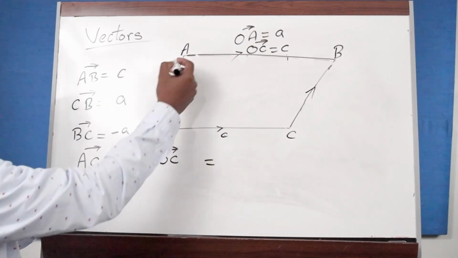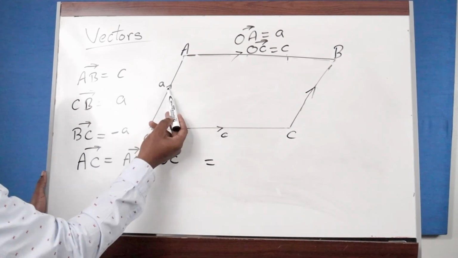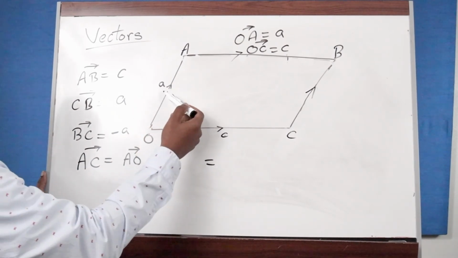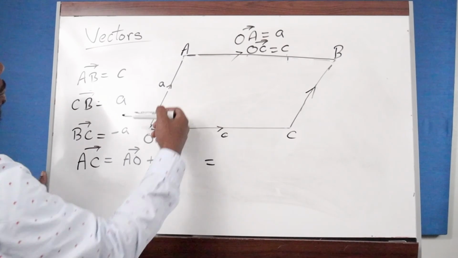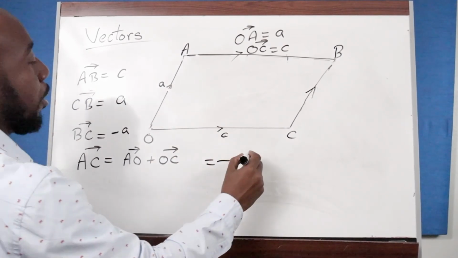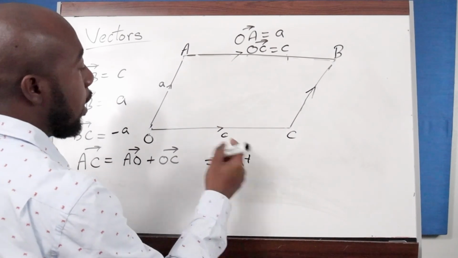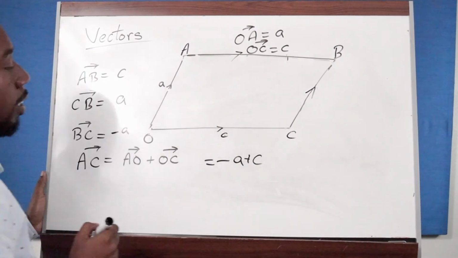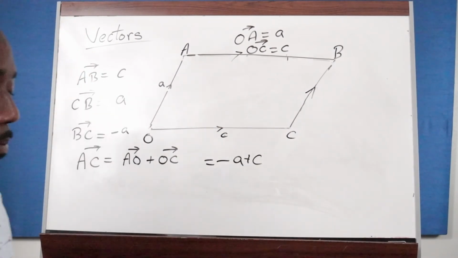Note AO means you're going in the opposite direction of what the arrow is going. The arrow is going in this direction, so AO will go in the opposite direction, so it becomes negative A, plus OC is in this direction, which is C. Correct direction, so negative A plus C.